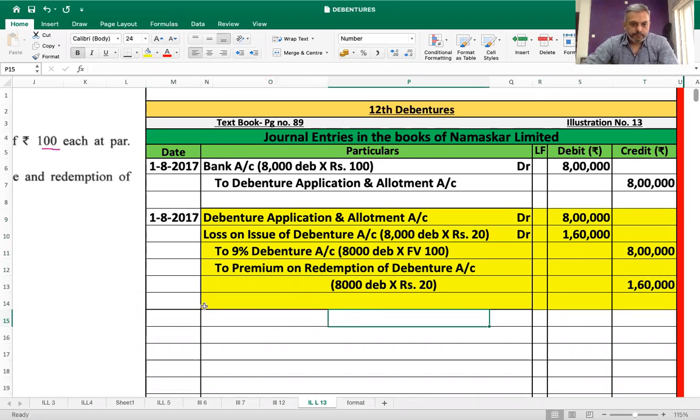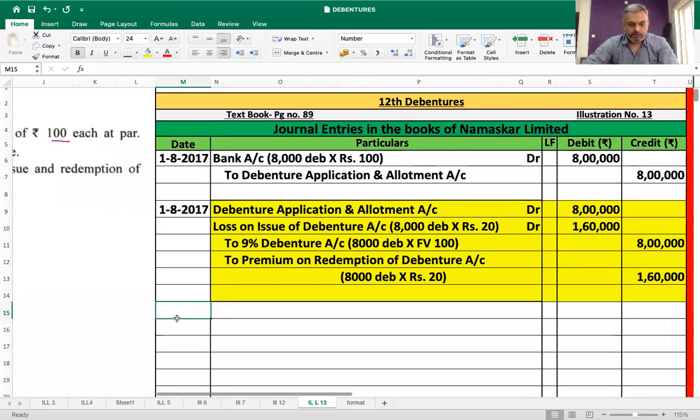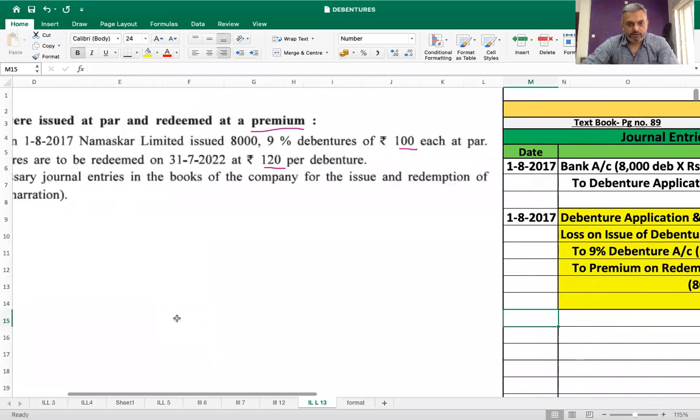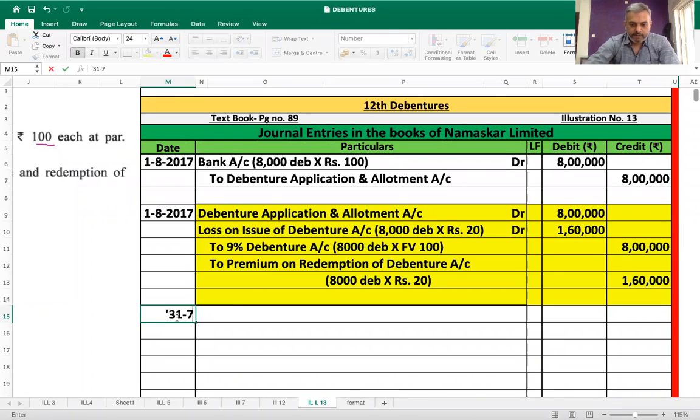Now, what happens when we redeem this? So redemption takes place on 31/7/2022.